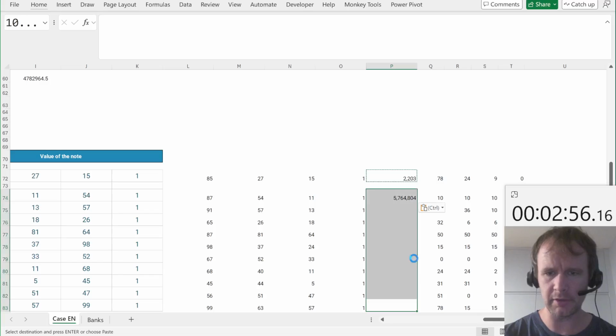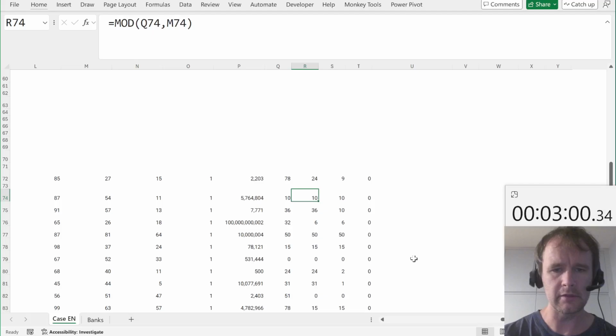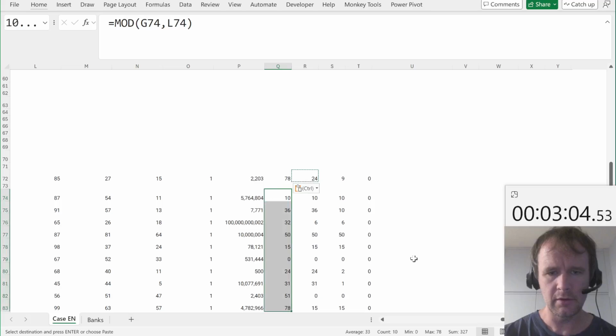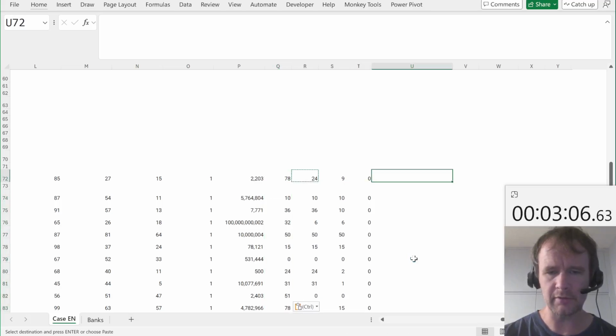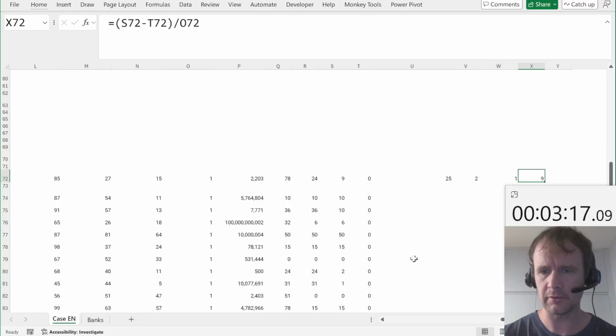But it is possible, I know, because I'm a mathematician and I have thought about these things, that the greedy algorithm will not be the ideal thing, which does complicate things just a little bit. But anyway, so I want this minus this divided by that. So 25 of those, 2 of those, 1 of those, 9 of those for a total of 37.